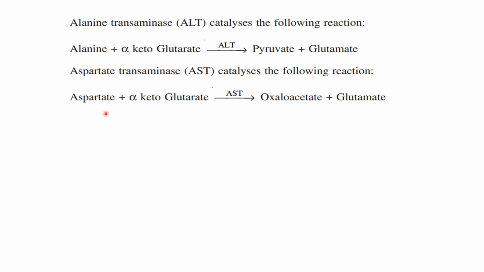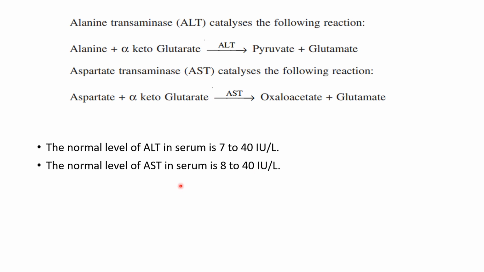This particular enzyme transfers the amino group from aspartate to alpha ketoglutarate, and this will result in the formation of oxaloacetate and glutamate. The normal level of alanine transaminase in the serum is 7 to 140 international units per liter, while the normal level of AST is 8 to 40 international units.